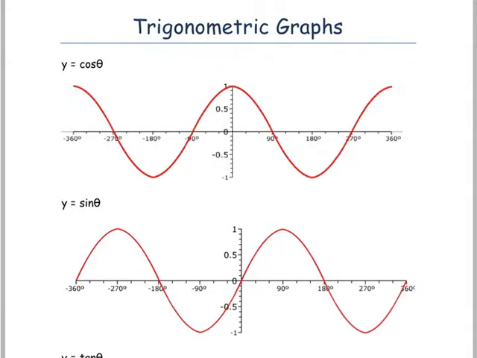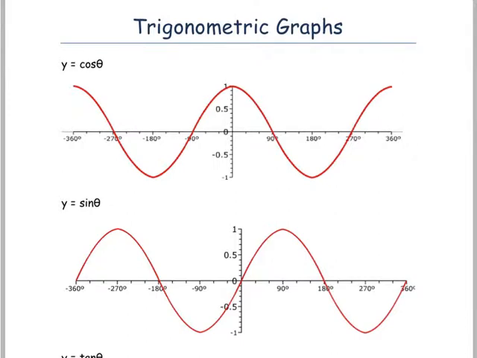However, sine theta is shifted 90 degrees to the left to get cosine theta. Now you could be asked to draw a sketch of the trigonometric graphs in radians as well as in degrees.